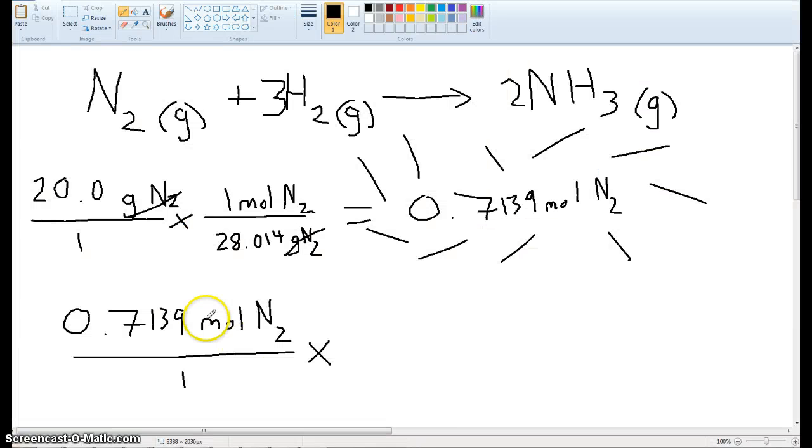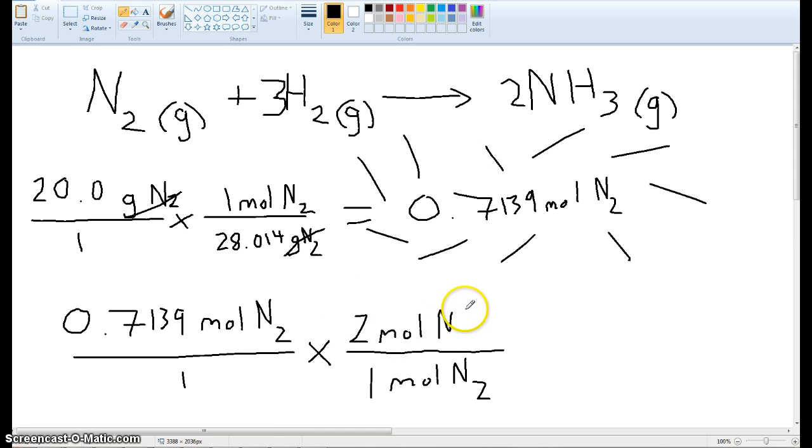Okay then, so we've got our 0.7139 moles of nitrogen down here. Okay, but we're not interested in nitrogen, we're interested in ammonia. So our balanced equation tells us that in every 1 mole of nitrogen gas that we have, we'll be able to make 2 moles of ammonia. Okay, good. That's going to cancel, so we're on the right track, but we don't want moles of ammonia.